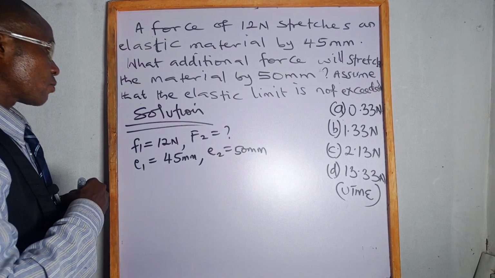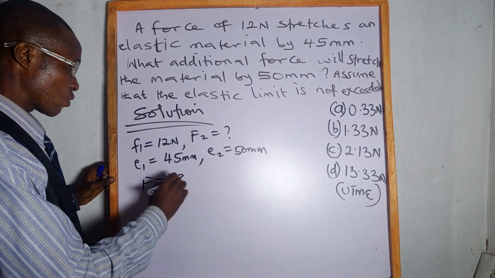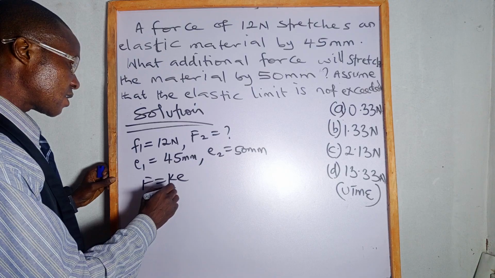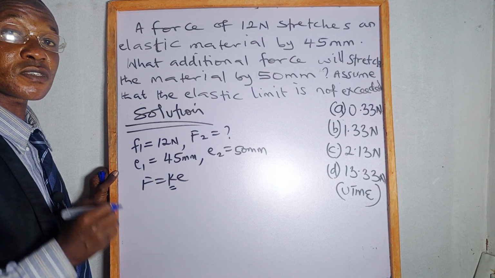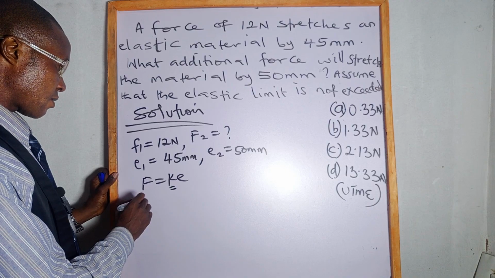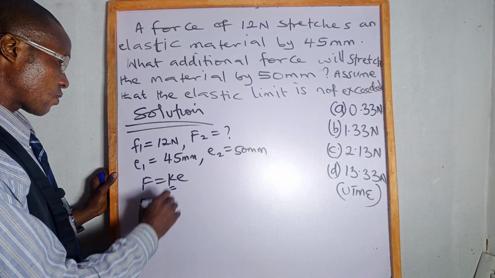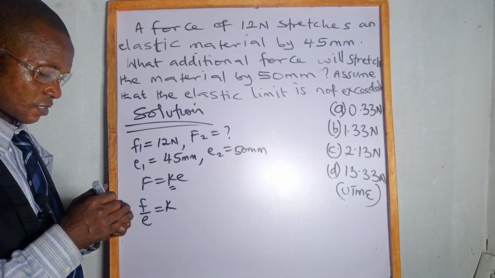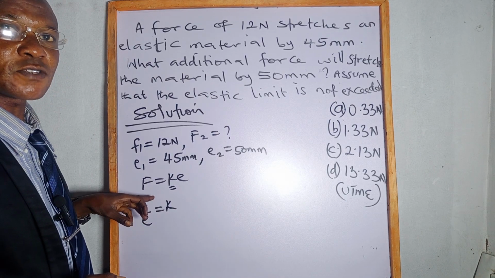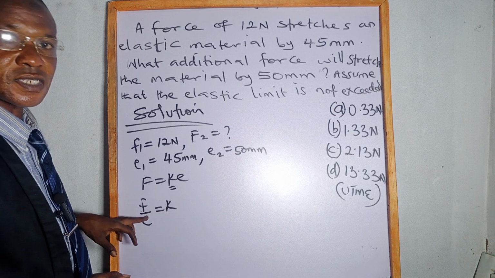So from your Hooke's law, we have this formula: F is equal to KE. Don't forget, this K is always a constant. We call it the constant of proportionality. Then you can rewrite it as F over E is equal to our constant. When you say something is constant, it means whether you go to London or anywhere in the world, the ratio is always the same.